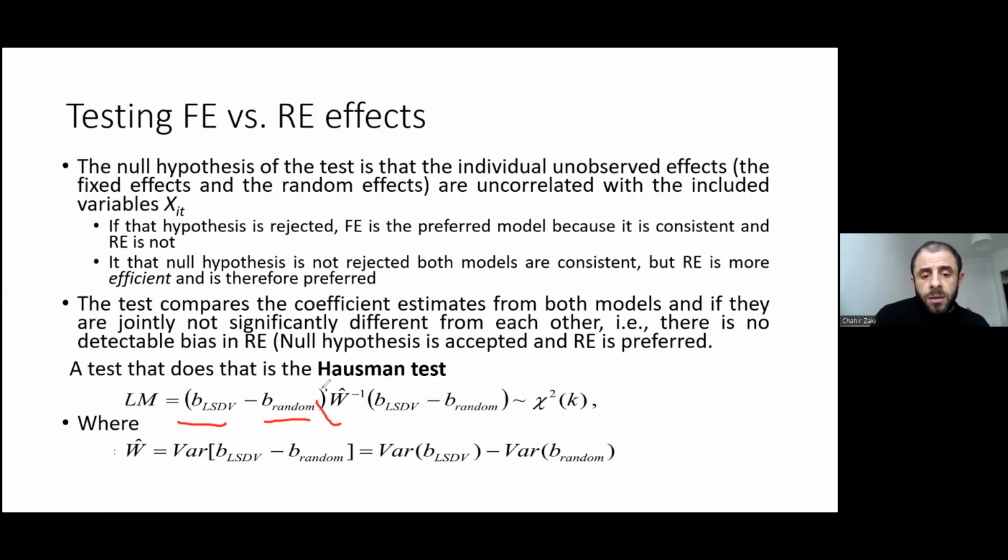They are multiplied by a certain weight, and I'll come back to that later, and then the estimates once again. And as I said, they follow a chi-square distribution. This weight W hat -1 is basically comparing the variance of the two estimates, those coming from the least square dummy variable and those coming from the random effects.